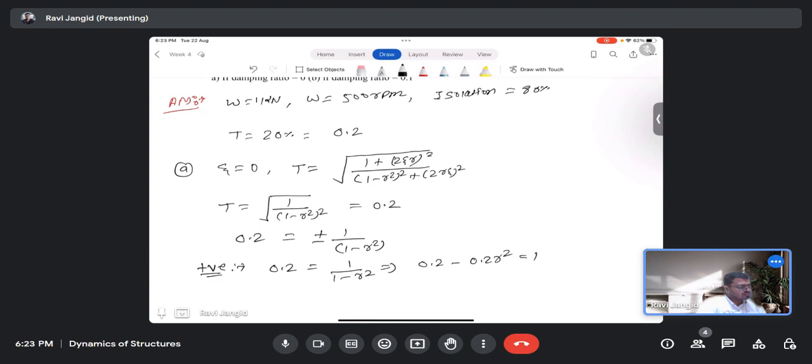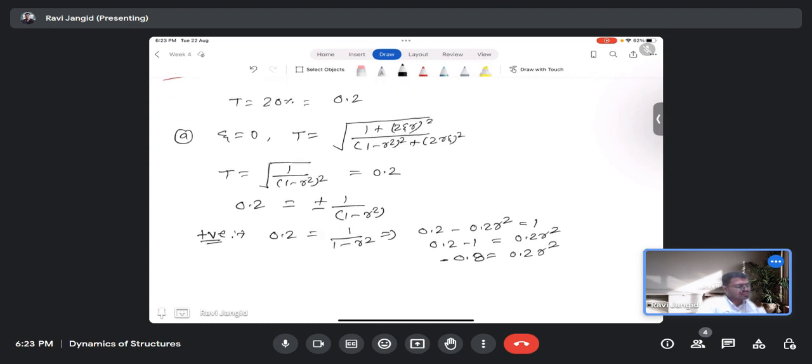So 0.2 minus 1 equals 0.2 r square, so negative 0.8 equals 0.2 r square. So my root will be imaginary. This is not applicable.